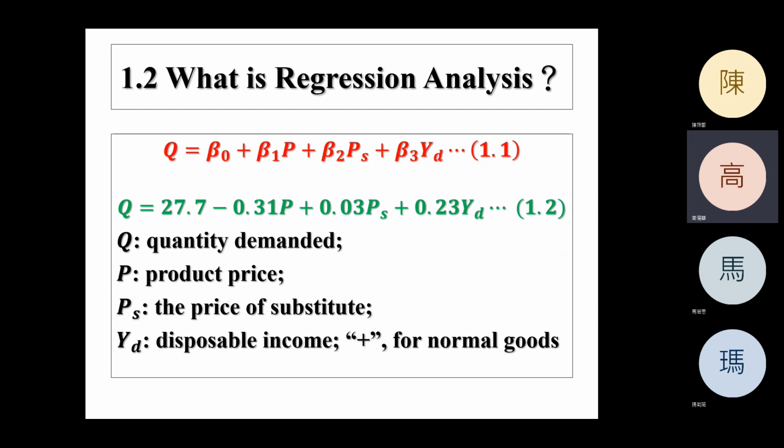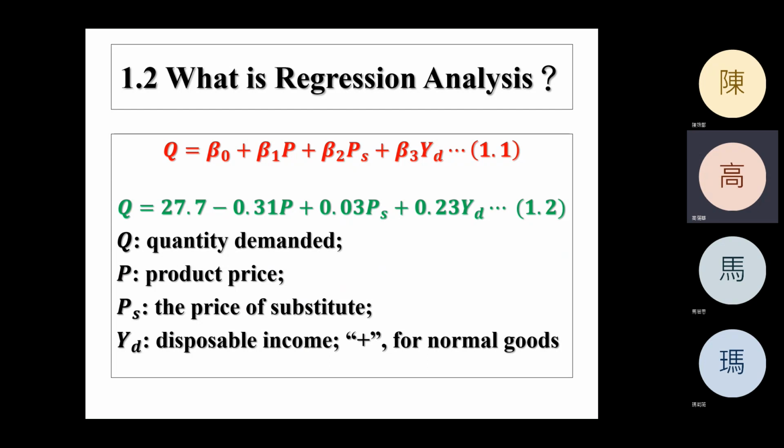Therefore, I have 3 betas: beta 1, beta 2, and beta 3, and beta 0 is the constant. Those beta 1, beta 2, and beta 3 are slopes. And what's the meaning of these slopes? It's the y value change when x changes by 1 unit, right?